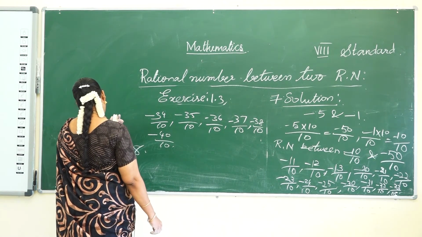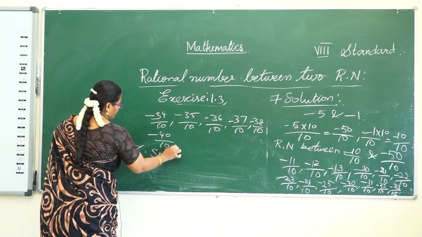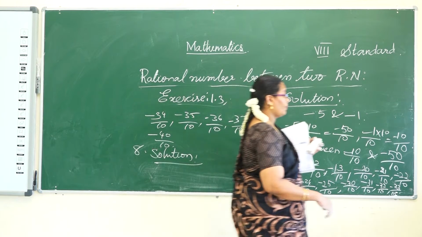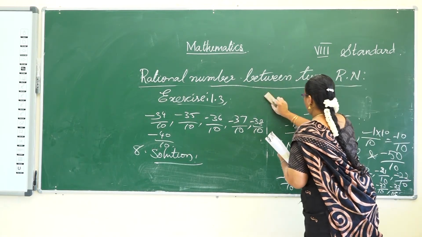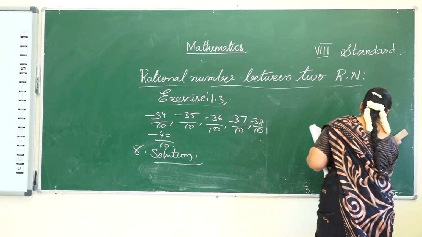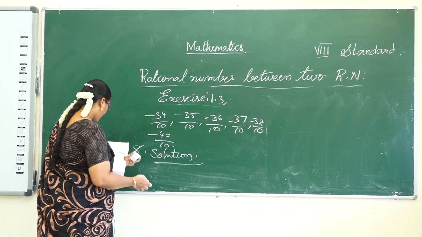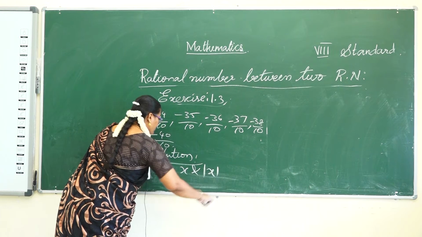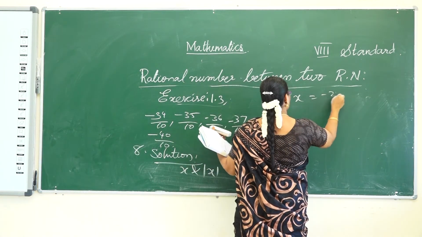Find the 4 rational numbers between x and modulus of x, where x is equal to -2 by 7.